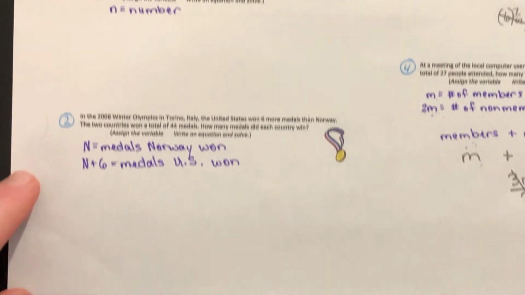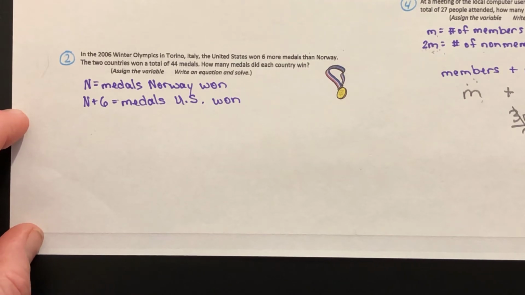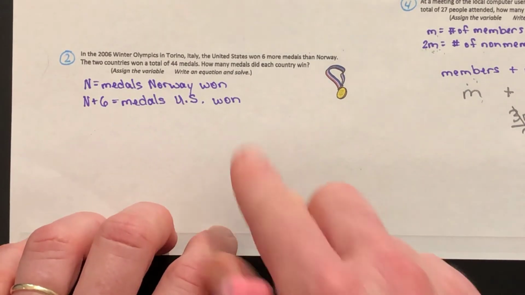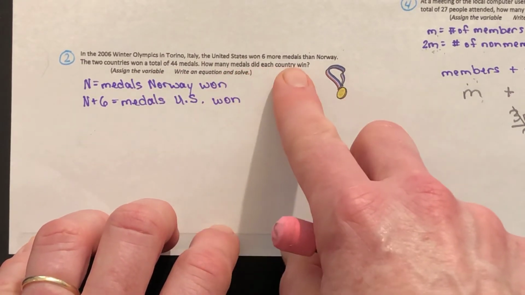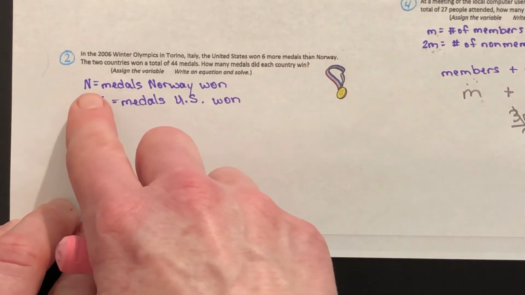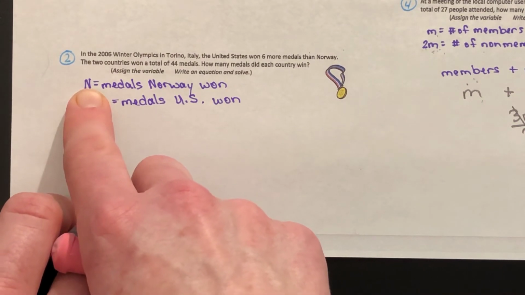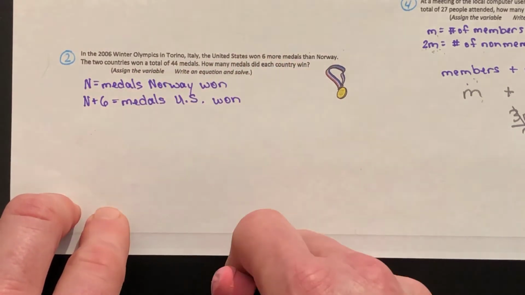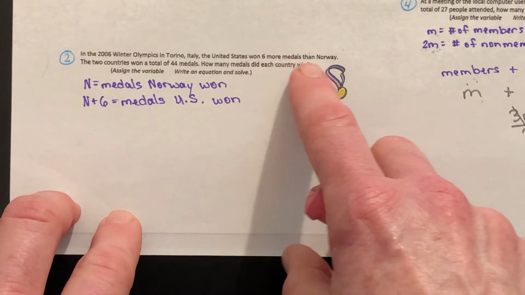Number 2, Olympics. We have the US and Norway. We're talking about the medals that both the US and Norway won. We know that together they won a total of 44 medals. We want to know how many each country won. Well, the number of medals Norway won doesn't tell us, but it does tell us that the US won 6 more than Norway.